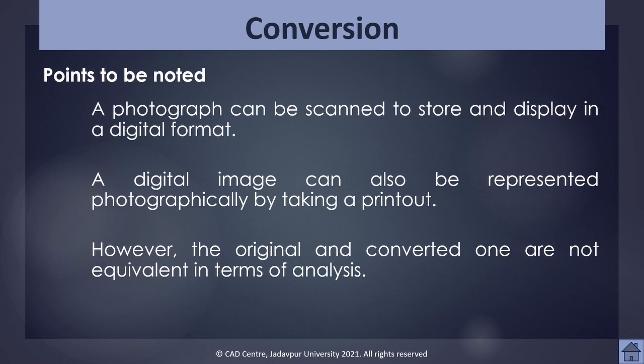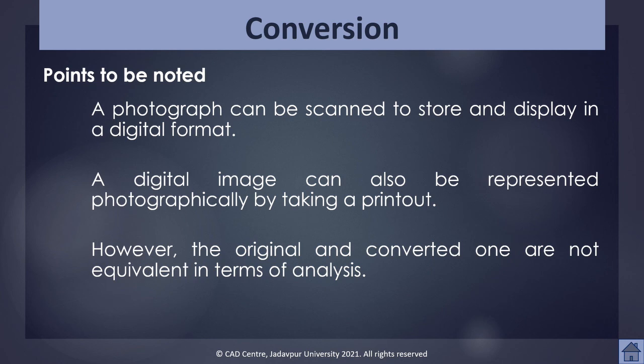Another important issue that must be remembered is that although digitally captured images can be converted into photographic representation and vice versa, a few details may be lost when converting back and forth. So, in summary, images may be recorded either photographically or digitally.